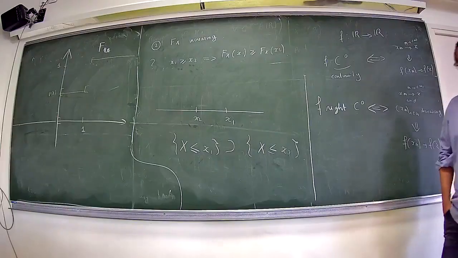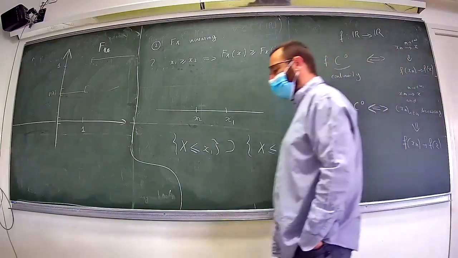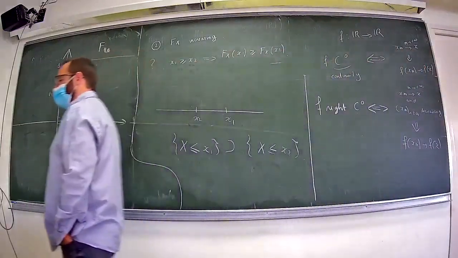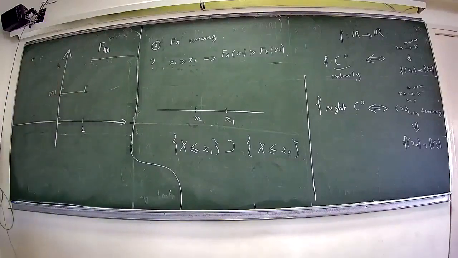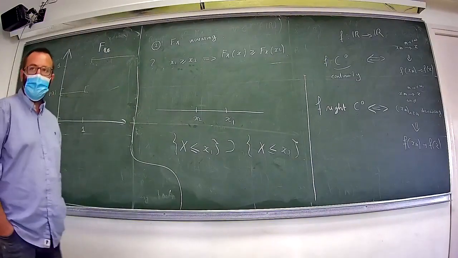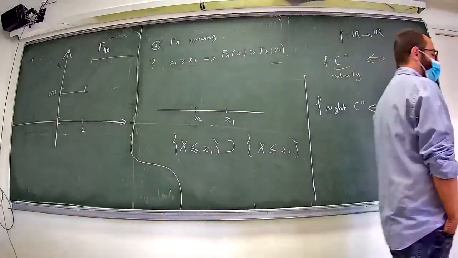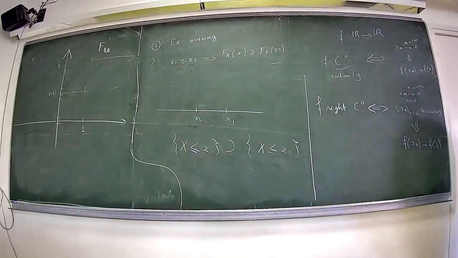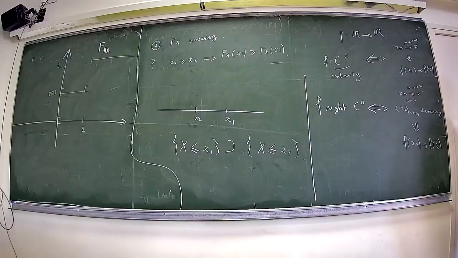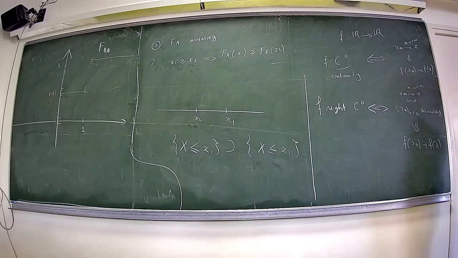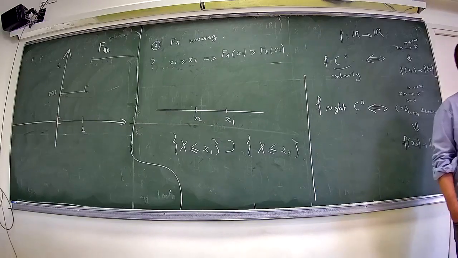What is the meaning of this? It means that if you have two random variables with the same distribution function, they have the same distribution. In other words, if F of capital X equals F of capital Y, then P of X is equal to P of Y.